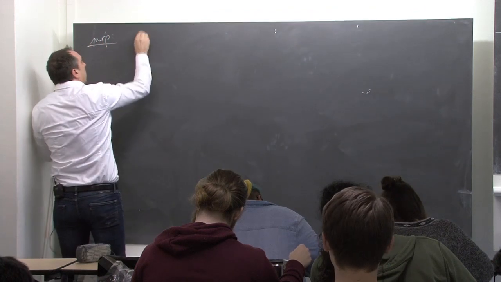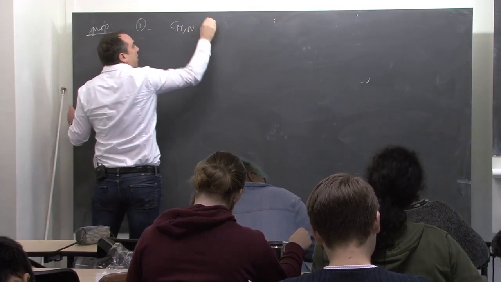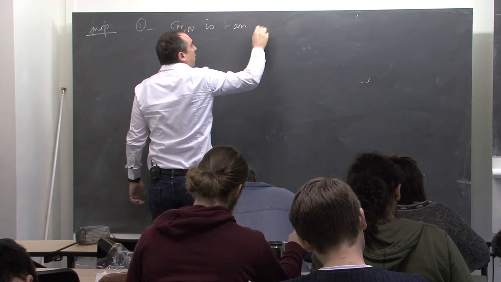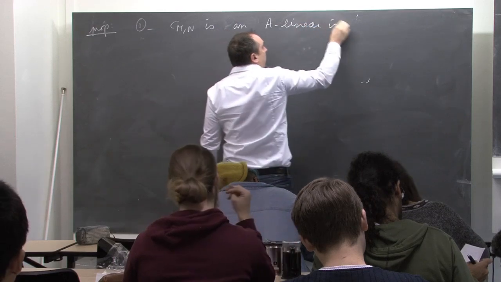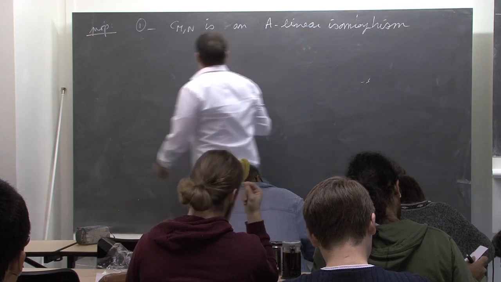First, C_{M,N} is an A linear isomorphism with inverse.